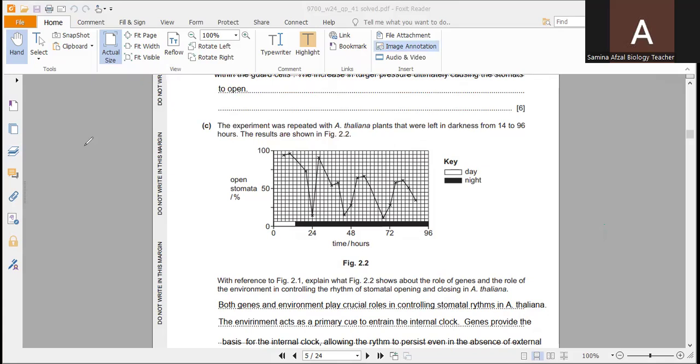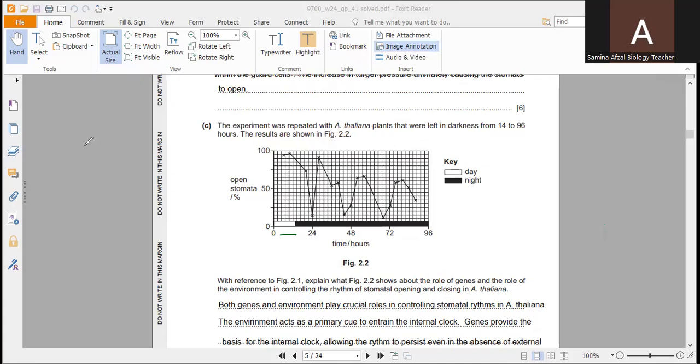So in figure 2.2, you can see the continuous darkness. The continuous darkness is there in this picture. Even in continuous darkness, a rhythm of stomatal opening and closing is still observed, light and dark, you can see.